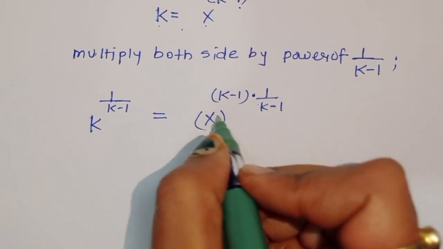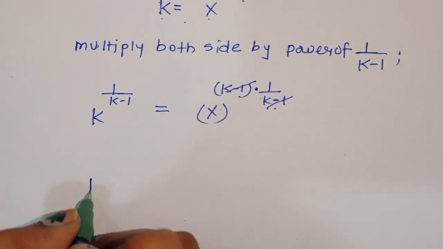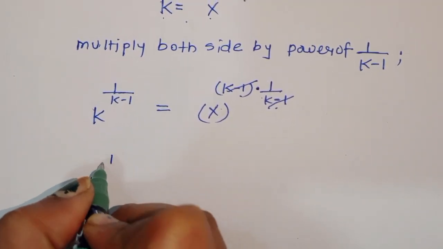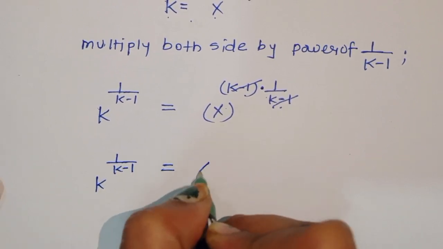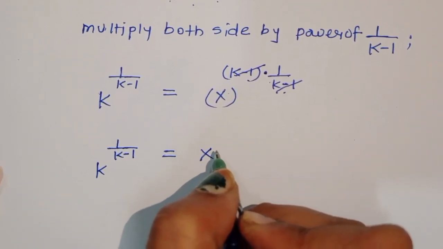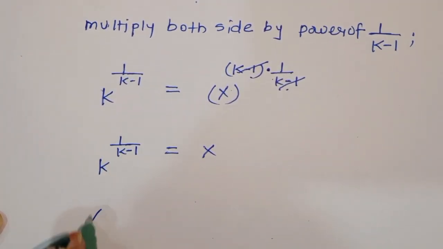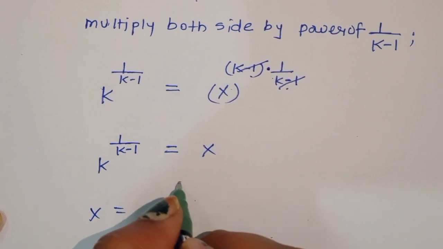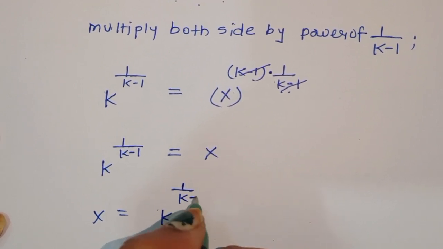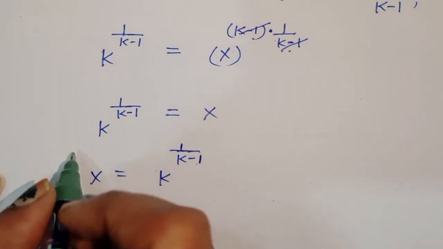Here k minus 1 and k minus 1 cancel, so we get k power 1 upon k minus 1 is equal to x. This is the value of x: x is equal to k raised to 1 upon k minus 1.